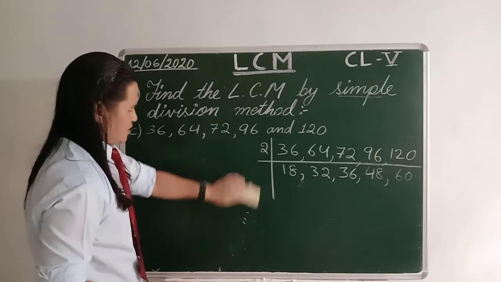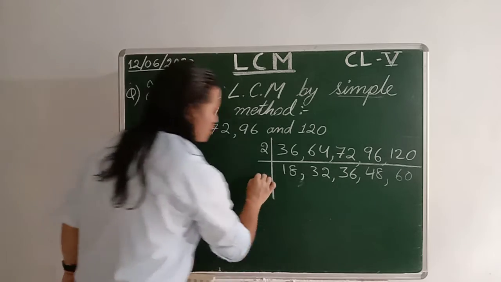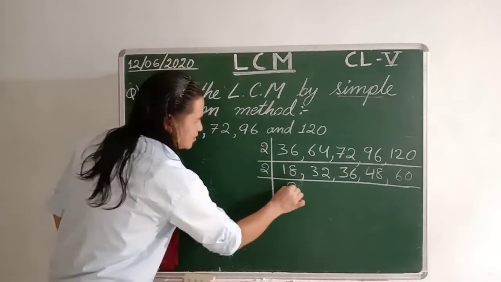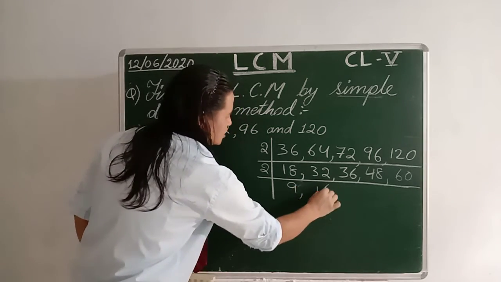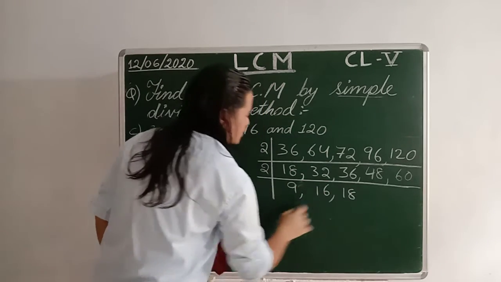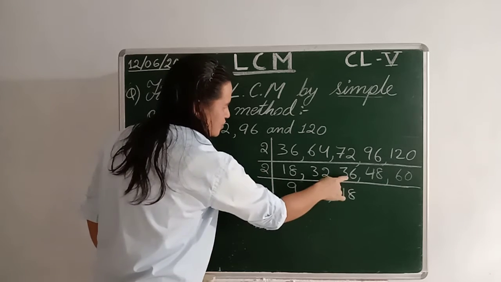So here what we can see also is the same thing, all the numbers are even. So let's break this down by 2 only. 2 9s are 18, 2 16s are 32, 2 18s are 36. So here also we can write 2 18s are 36.